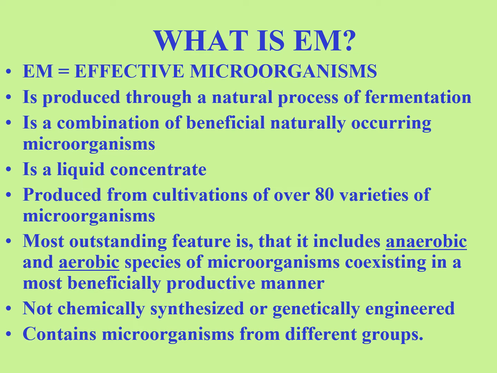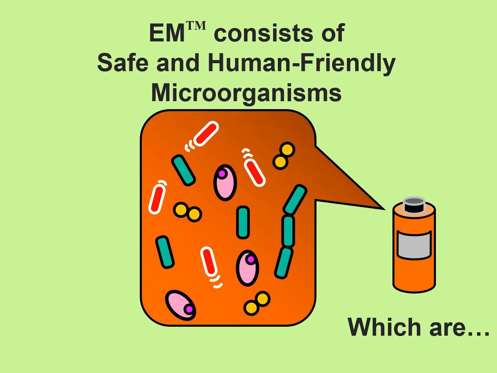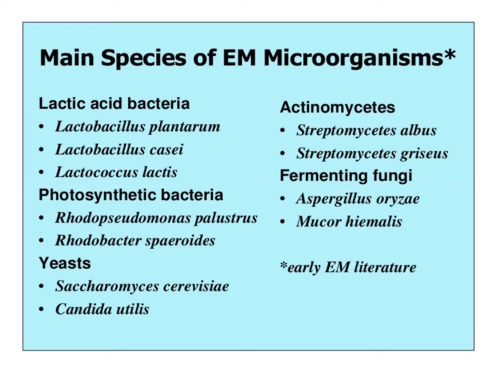It is not chemically synthesized or genetically engineered, and contains microorganisms from different groups. EM consists of safe and human-friendly microorganisms. The main species of EM are lactic acid bacteria, photosynthetic bacteria, yeast, actinomycetes, and fermenting fungi.